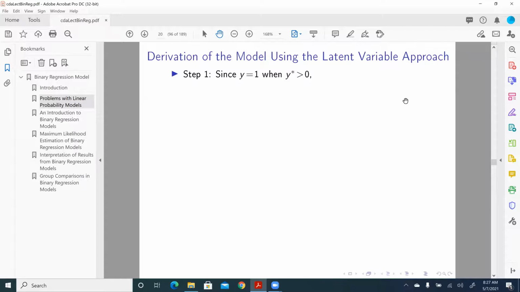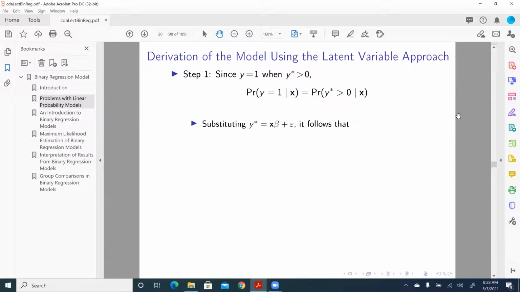So let's take a step further. Step one, since y equals 1, y star equals 0. This is the assumption we make, called the identifying assumption. Then, equivalently, the probability that y equals 1 given x is equal to the probability that y star is greater than 0 given x. They're equivalent, logically.